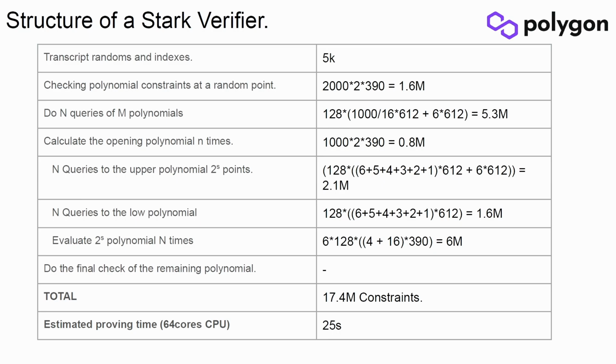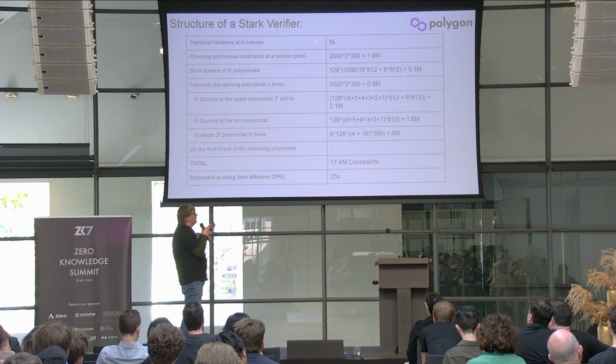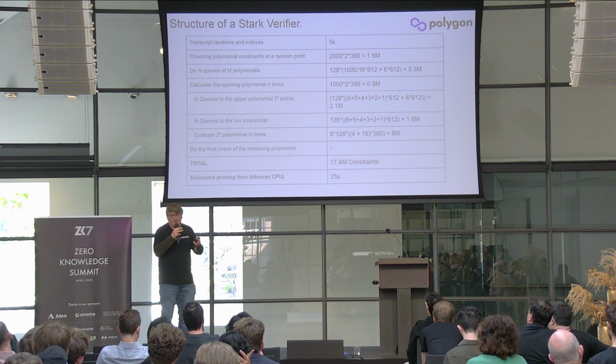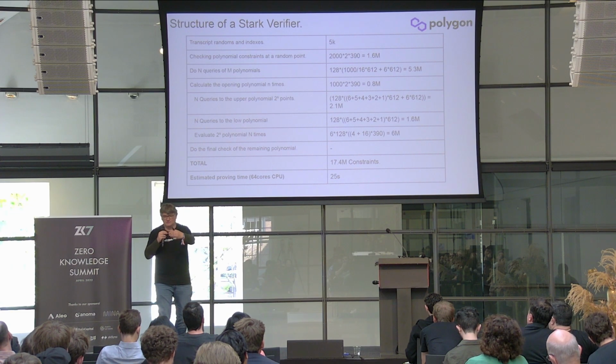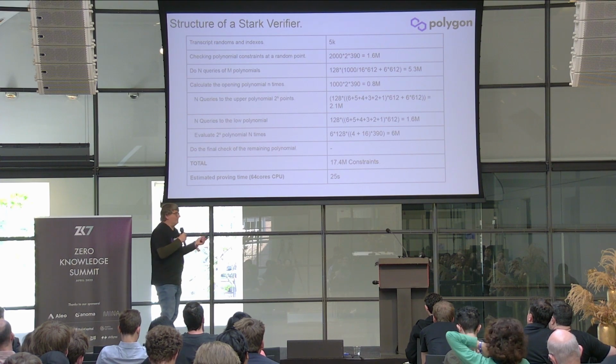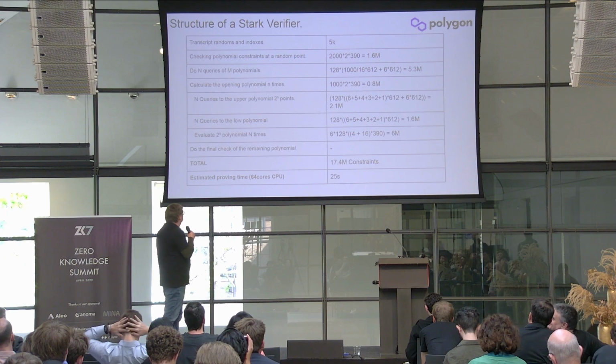The first step, the transcript, is quite constant and it's just some hashes, which is quite low. I put it below 5K, rough numbers. This depends very much on the circuit. If you have many interactions, you need more, and it can depend. But in this case, it's quite low and quite insignificant in the full system.